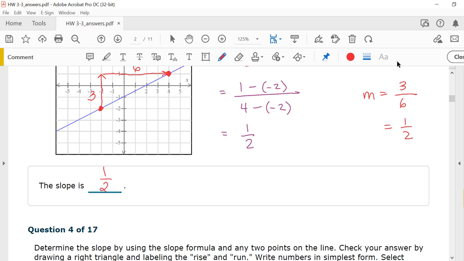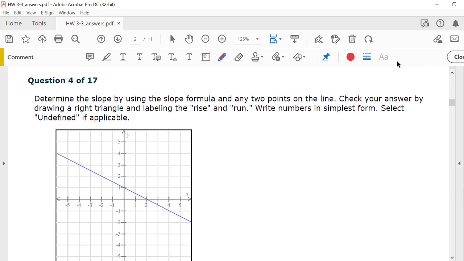I'm glad that those slopes were the same. They should be. Number 4, let's do the same thing. My point 0, 1, and let's use the point 2, 0. Using my slope formula, y2 minus y1 over x2 minus x1.